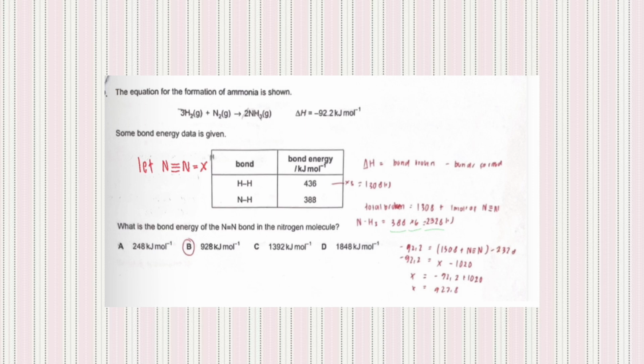Let the nitrogen bond be X. So minus 92.2 equals X minus 1020. X equals minus 92.2 plus 1020. So X is 927.8. So the answer is B.